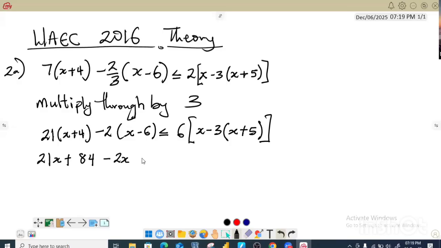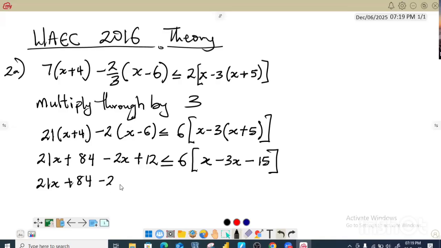Minus 2x plus 12 less than or equal to. Let's first open the internal brackets. So we're going to have 3x minus 15. So you're going to have 21x plus 84 minus 2x plus 12.